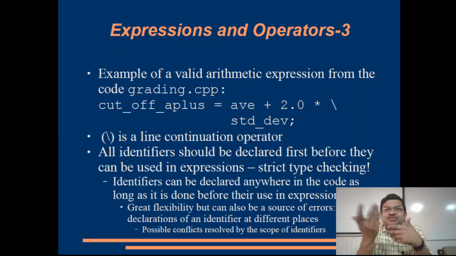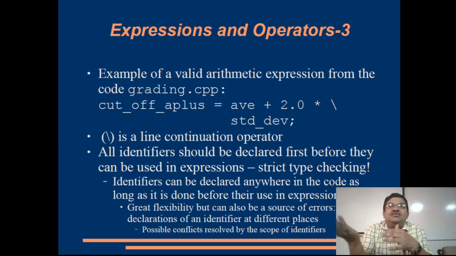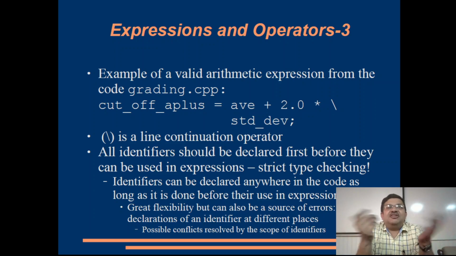Obviously, it's based on statistics, calculation of the statistics, relative performance of the students, and so on. So the cutoff of A plus is average plus 2 times standard deviation. Any score above this cutoff level will be assigned an A plus grade.